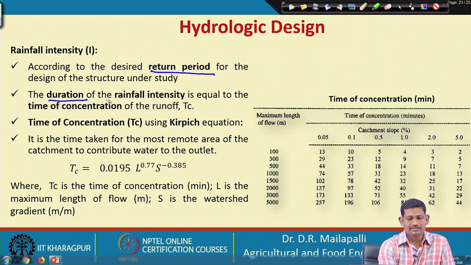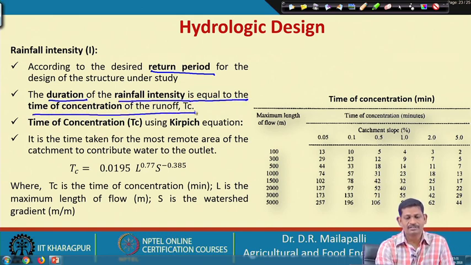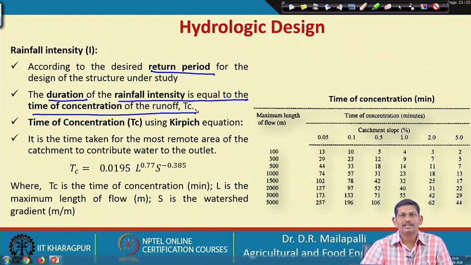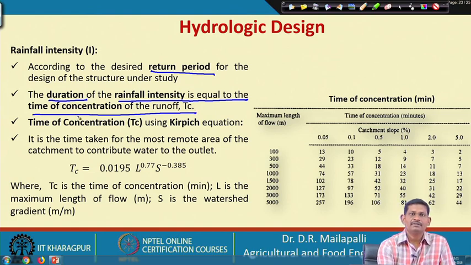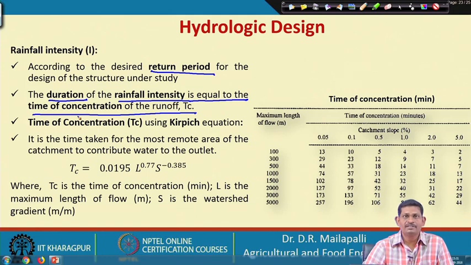The duration of the rainfall intensity is equal to the time of concentration of the runoff, or Tc as we call it. As I said, in the rational method the basic assumption is that the duration should be at least the time of concentration, so in our design we assume the duration is equal to the time of concentration.